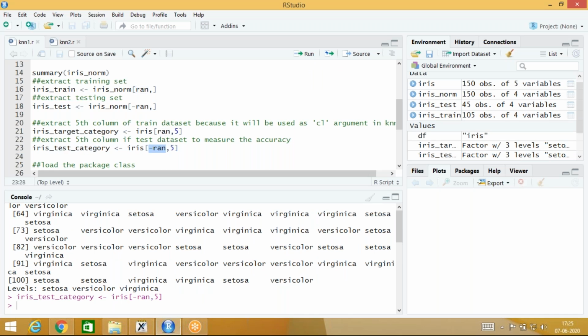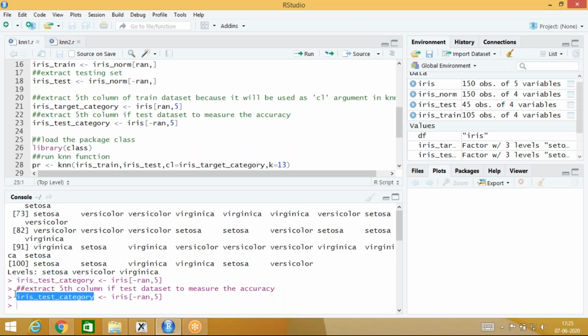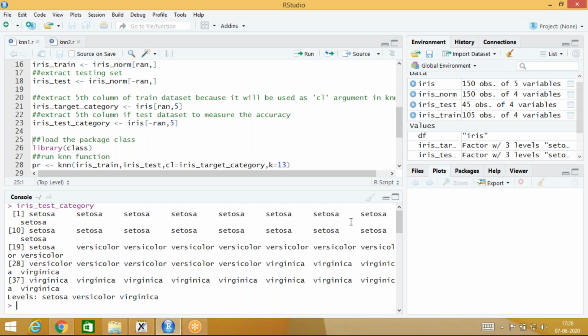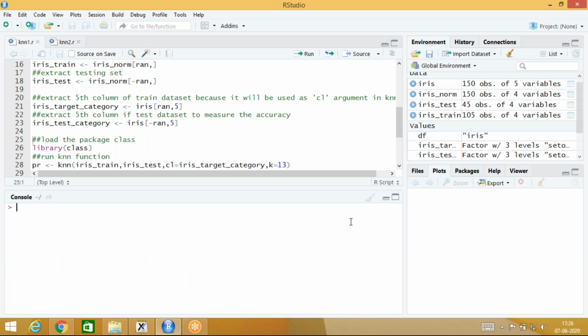Can anybody tell me? Yes, remove rand. That means include all rows other than those rows and the column number 5. So if I run that, that gives me the test category. So these are the testing category, 45 observations. The previous one had 105 observations. So I have created my training data, testing data, and my training category, testing category also.